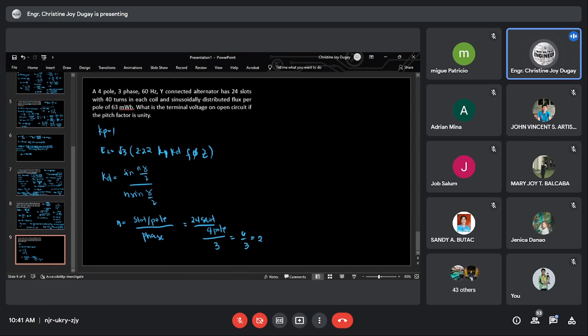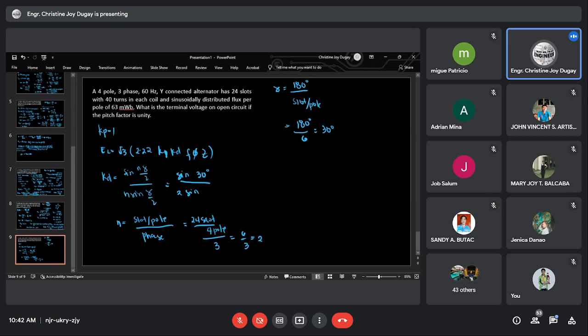Okay? So how about gamma? Gamma is equal to 180 degrees divided by slot per pole, no? So 180 degrees divided by slot per pole natin is 6. So that is 30 degrees, no? Substitution, what is now the value of KD? So sine n, which is 2 times 30 over 2, that is 30, no? 30 degrees divided by n natin is 2.